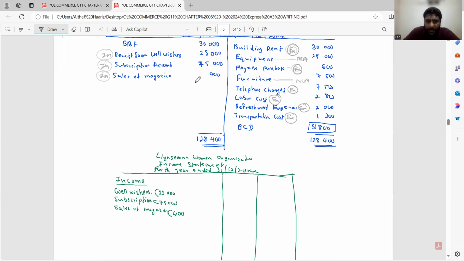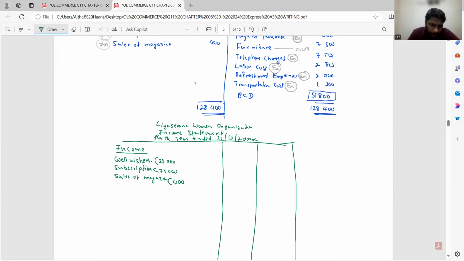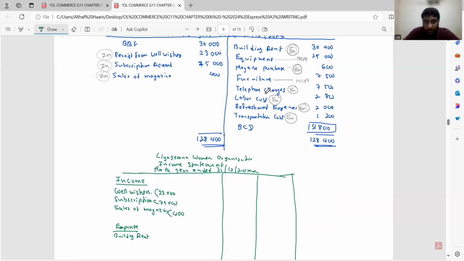Now we'll write the expenses. Building rent. Then equipment, that is a non-current asset.